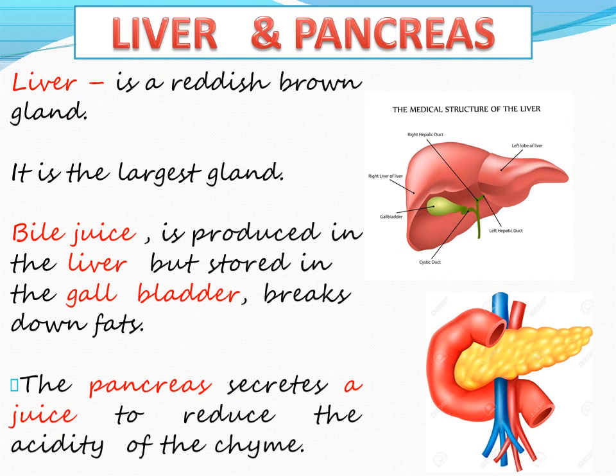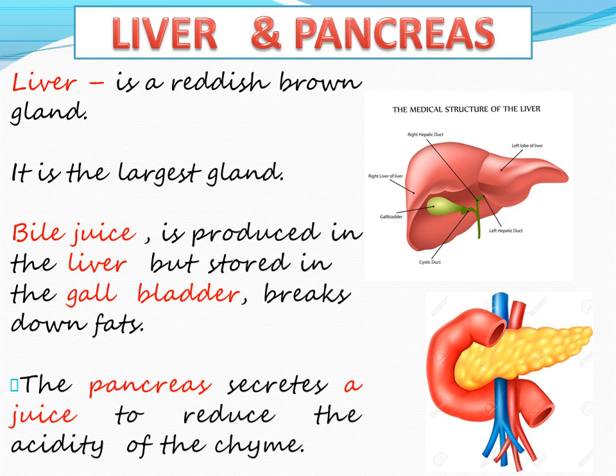The liver and pancreas are major glands present in the digestive system. The liver is a reddish brown gland and it is one of the largest glands in the human body. It produces bile juice, which is stored in the gallbladder and helps break down fats.